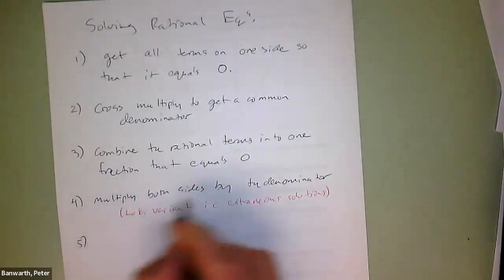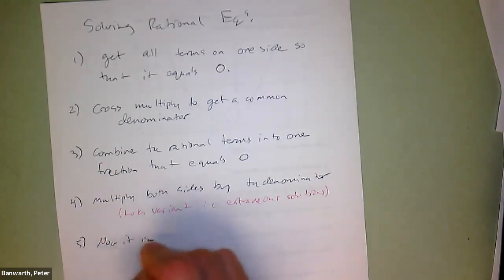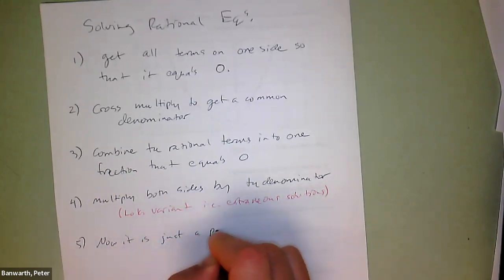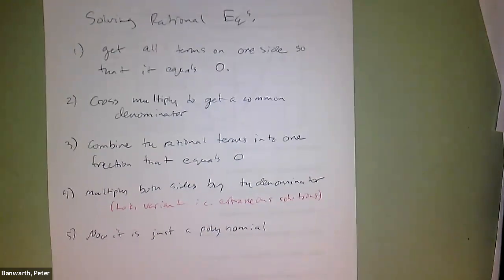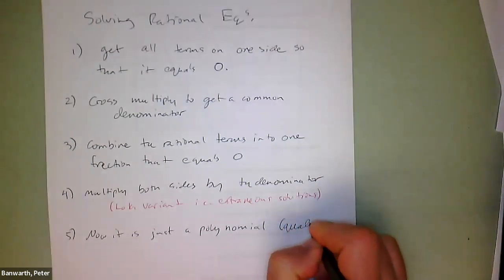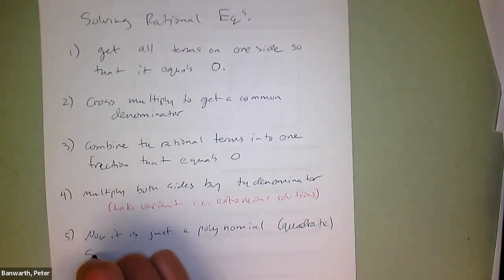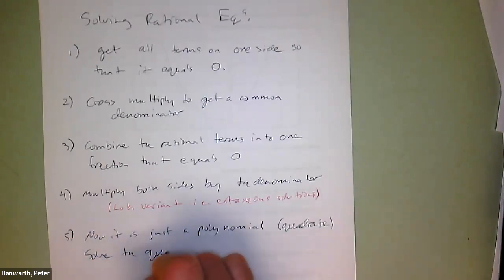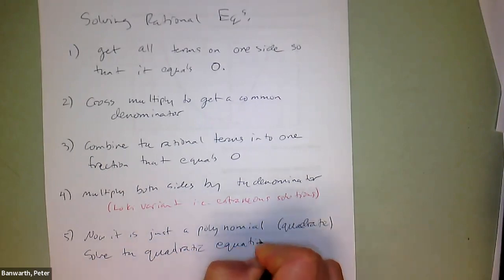Step 5, now it is just a polynomial. At least the ones we will give you will be just polynomials. Probably they will actually be quadratic. So solve the quadratic equation.